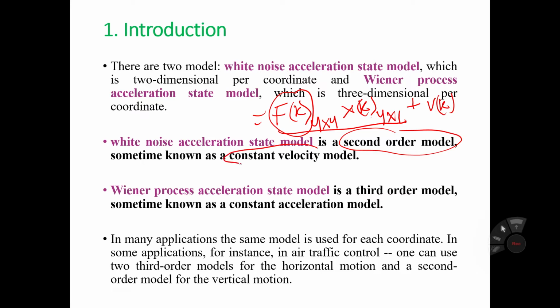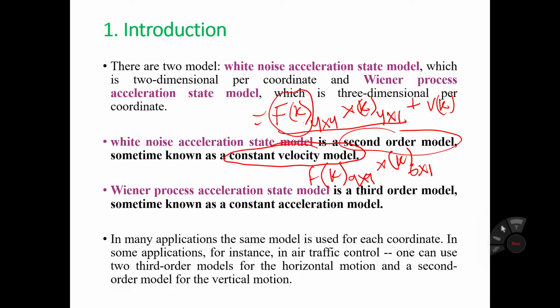In this case, there is only information of velocity available. On the other hand, the Wiener process acceleration state model is a third order model, sometimes known as the constant acceleration model. In this case, f of k is a 9 by 9 matrix, and similarly x of k is 6 by 1. So x of k includes the two-dimensional position, two-dimensional velocity, and two-dimensional acceleration.